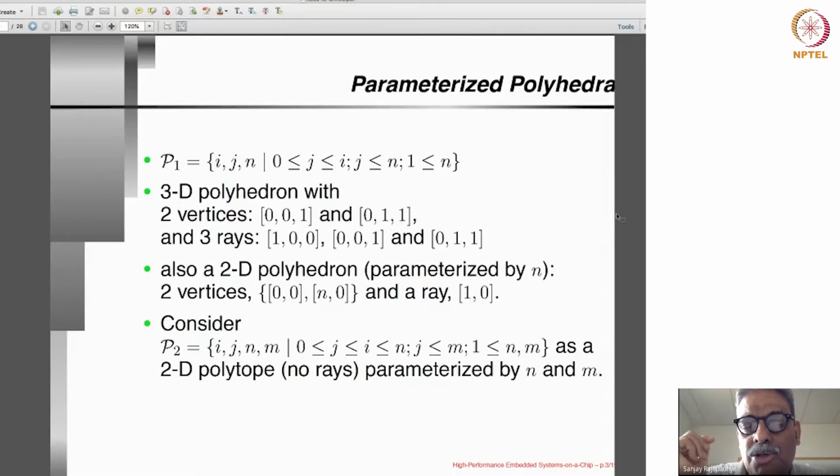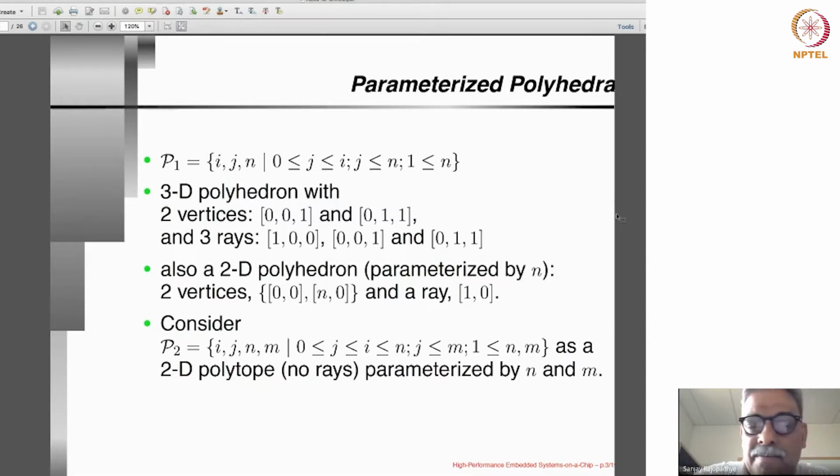Okay, so 0, 0, n, 0, and n, n are the 3 vertices of this triangle. And now I have an additional constraint, that is j less than or equal to m, and m is a completely independent parameter.